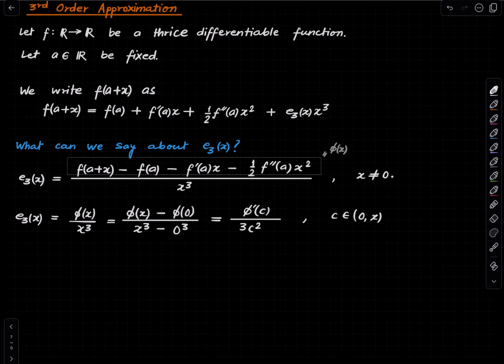Right? But what is phi prime c? Phi prime c is f prime a plus c minus f prime a minus f double prime a times c, divided by 3c square, but let's isolate the 3. Okay.